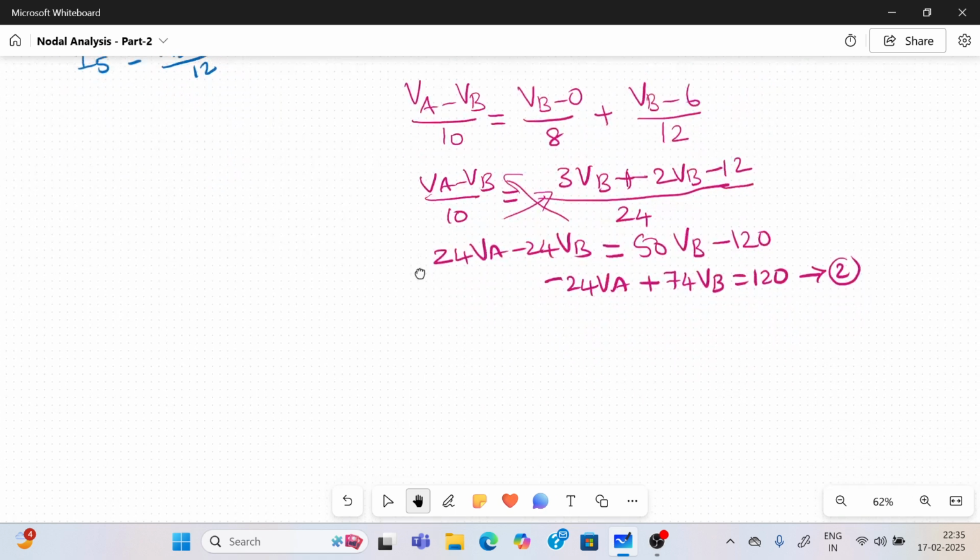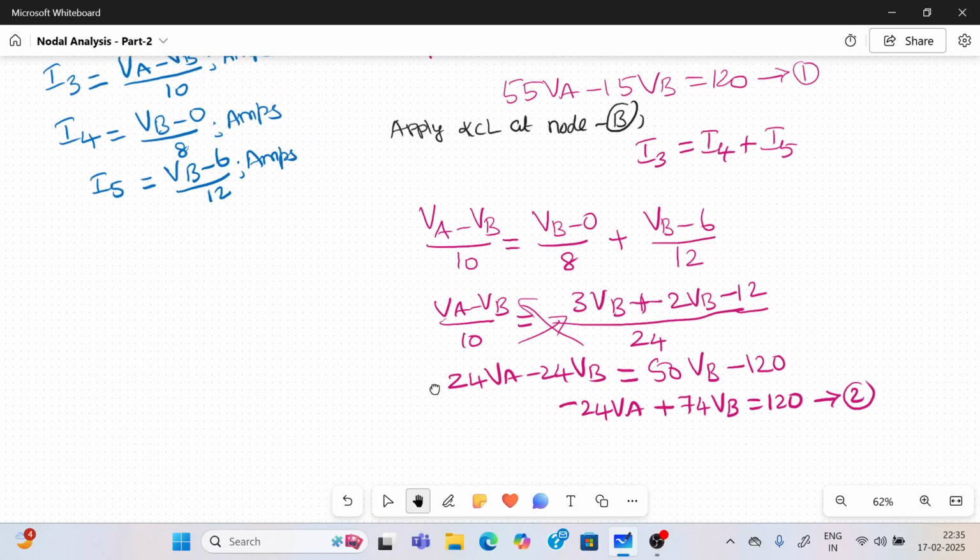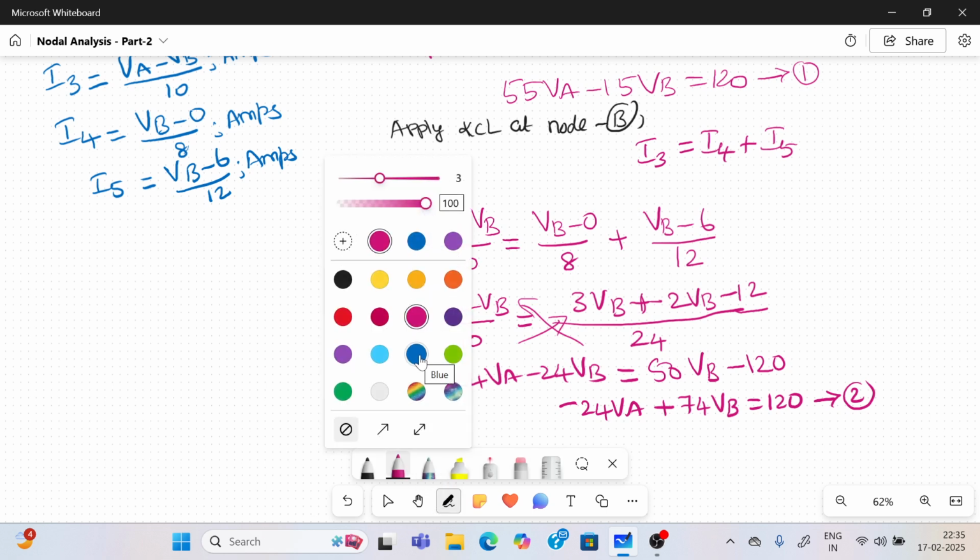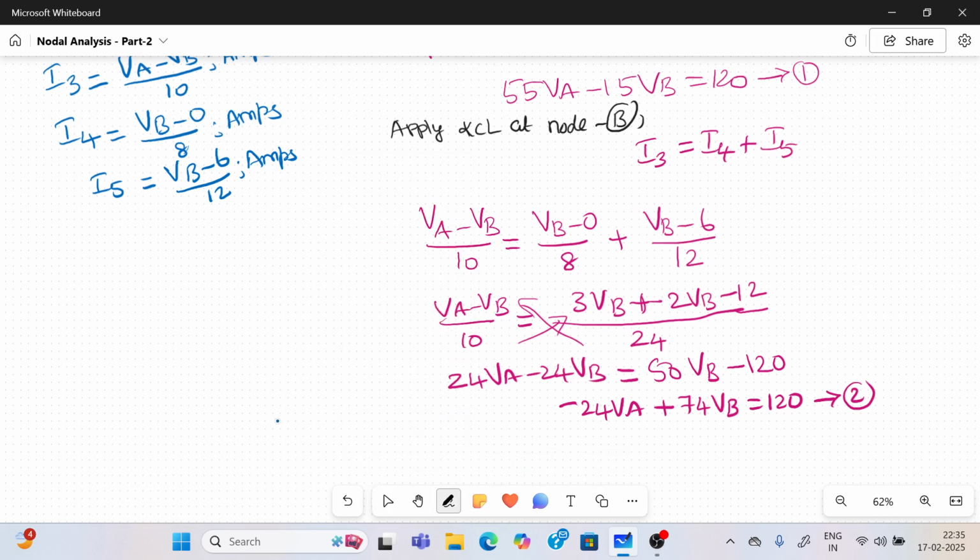What are the equations? The equation 1 is 55 VA minus 15 VB is equal to 120. Equation number 1.